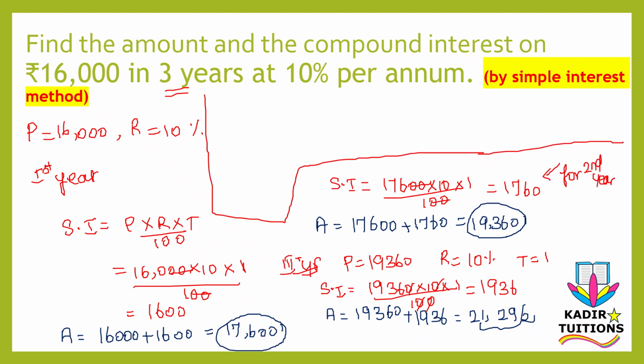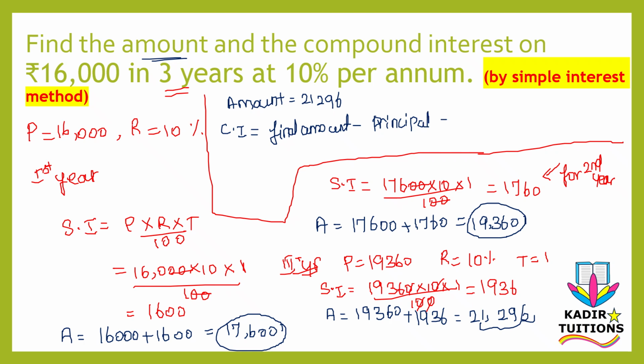So here we found one answer, which is the amount, the final amount at the end of 3 years, which is 21,296. But still we need to find what is compound interest, right? So compound interest is nothing but the final amount minus the initial principal. Okay, so first we'll write the formula.